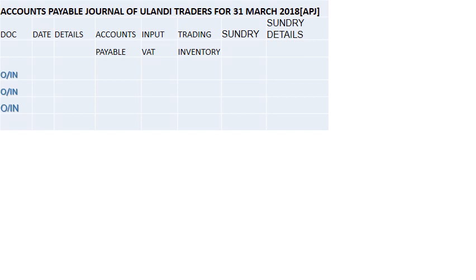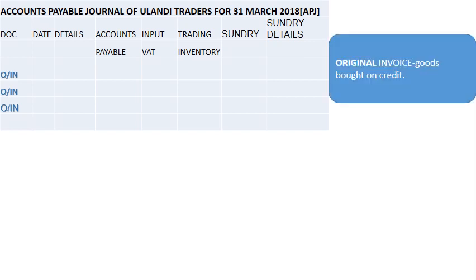In this journal, we will record transactions where goods were bought on credit from creditors or suppliers. The source document that will be used in this journal is the original invoice.